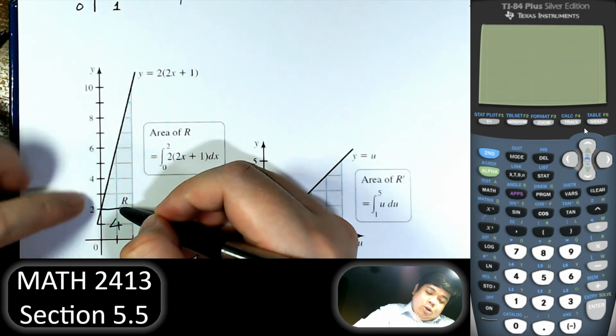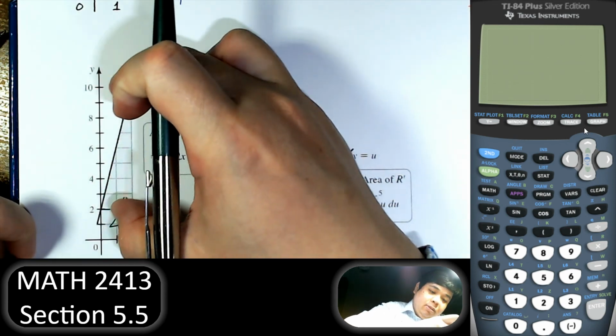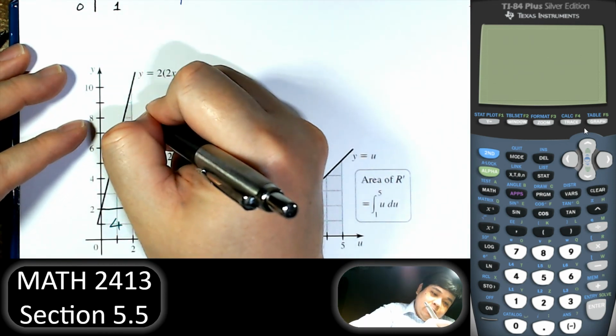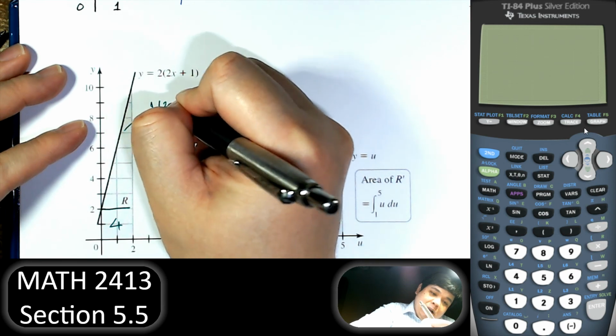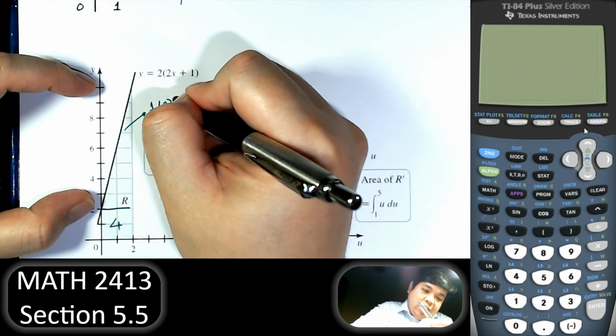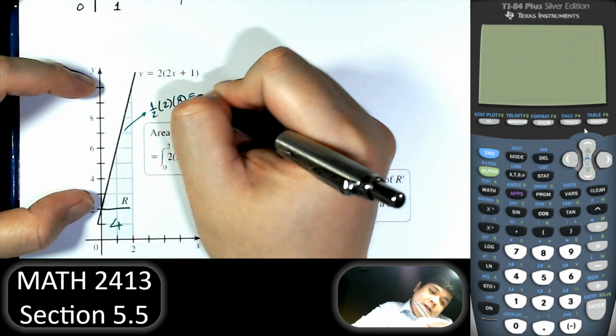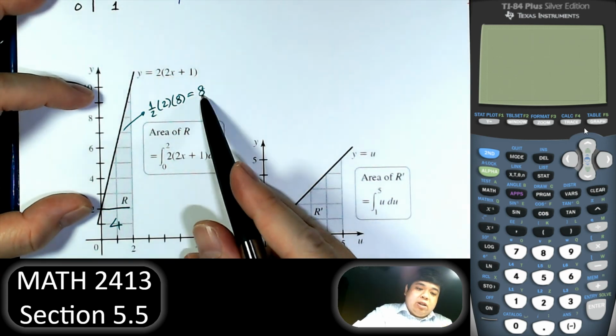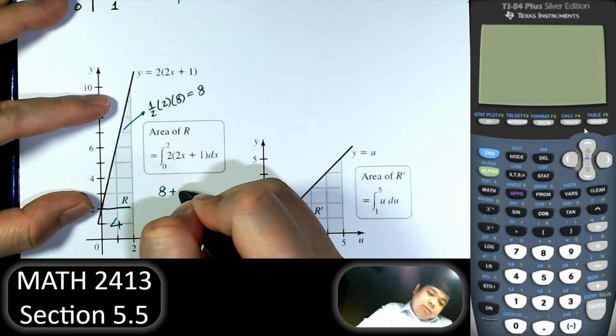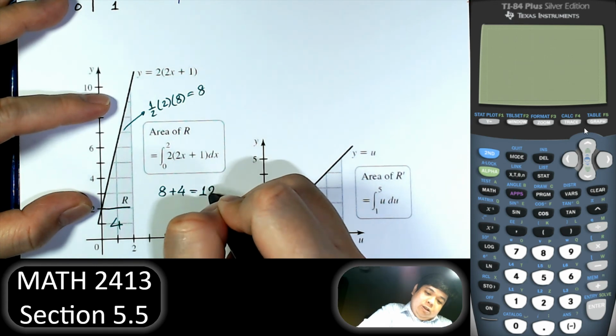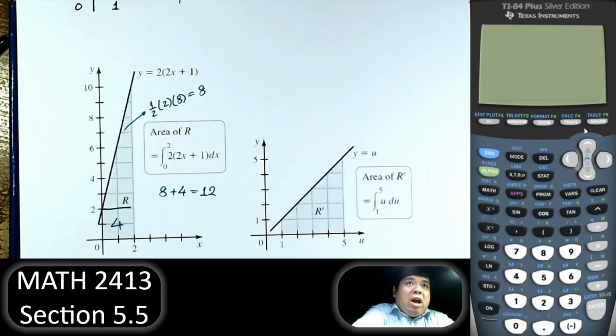And this triangle is 1/2 base times height, from 2 to 10 is 8. So it's 8. So the total area is 8 plus 4 is 12. Right. So in terms of area, it is 12.